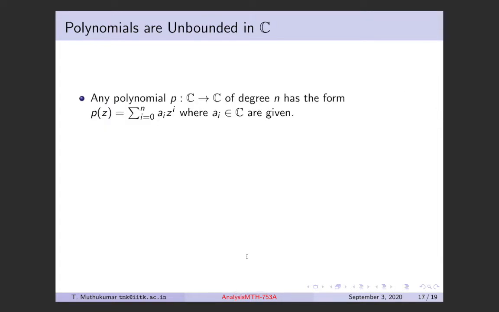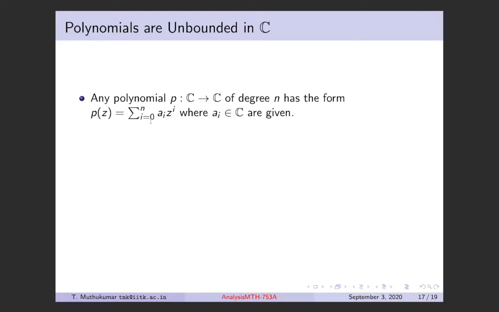So what is a complex polynomial now? A complex polynomial of degree n is just the sum of a_i z^i, summed from 0 to n. So you have a_n z^n plus a_{n-1} z^{n-1} and so on up to a_0, right? So you have this sum of n plus 1 terms here.